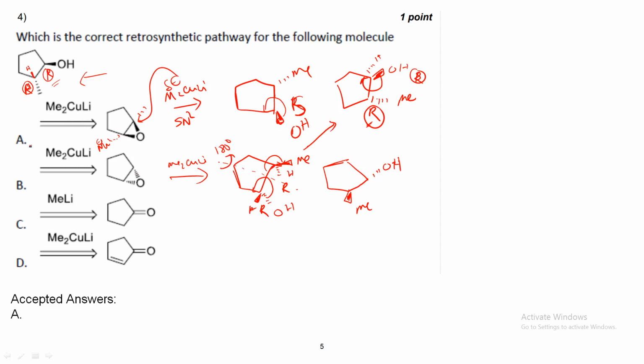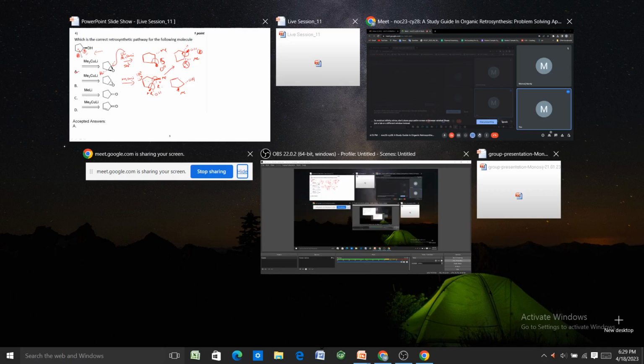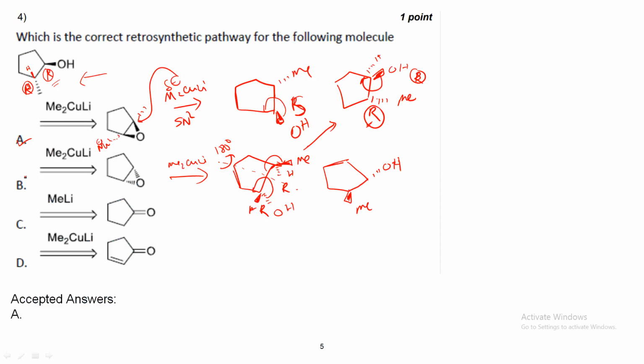That's why A and B both could be the right answer, because the approach of methyl is equally possible for both these two centers. Anyway, we are going to generate one of the enantiomers, RR or the other one. So that's how we can determine the RS nomenclature of the compound and correlate with the given one.